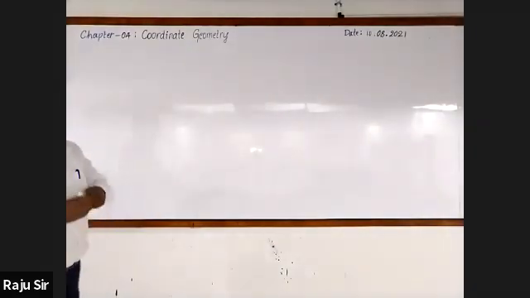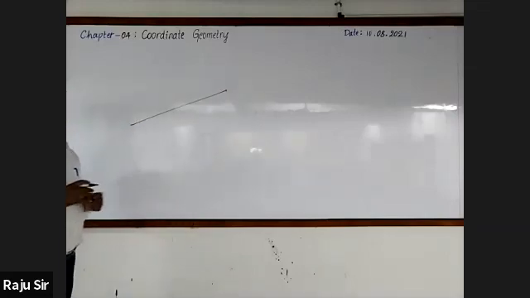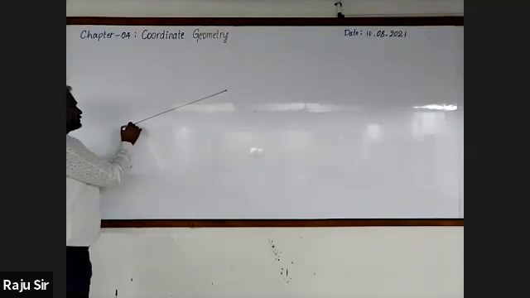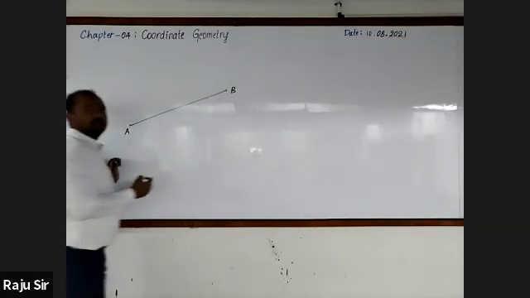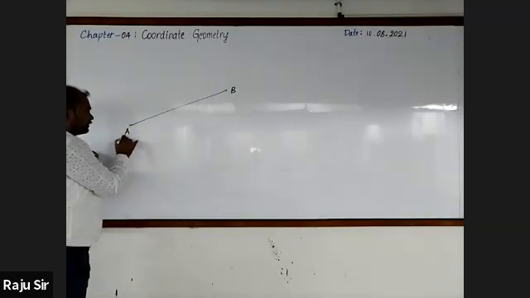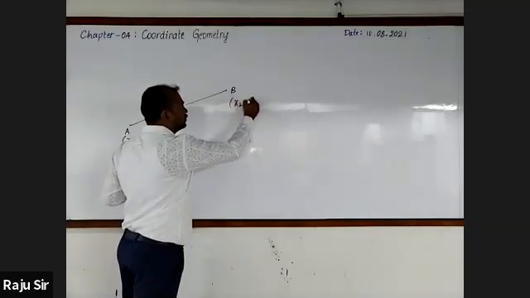Look here. Here I am going to take a line which is formed by joining 2 points. Let us take these points as A and B. You may take the coordinates of the point A as x1, y1, and B as x2, y2.